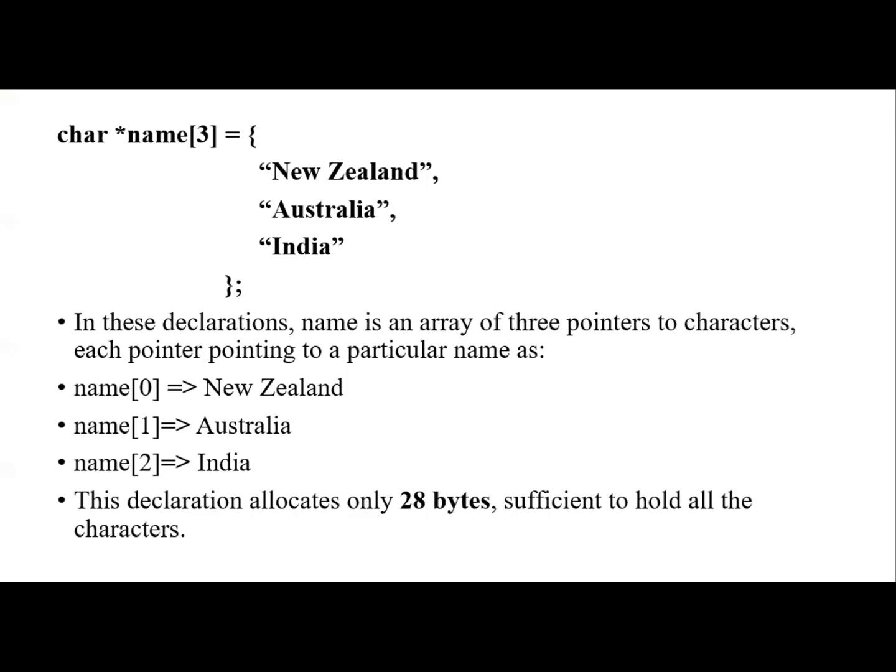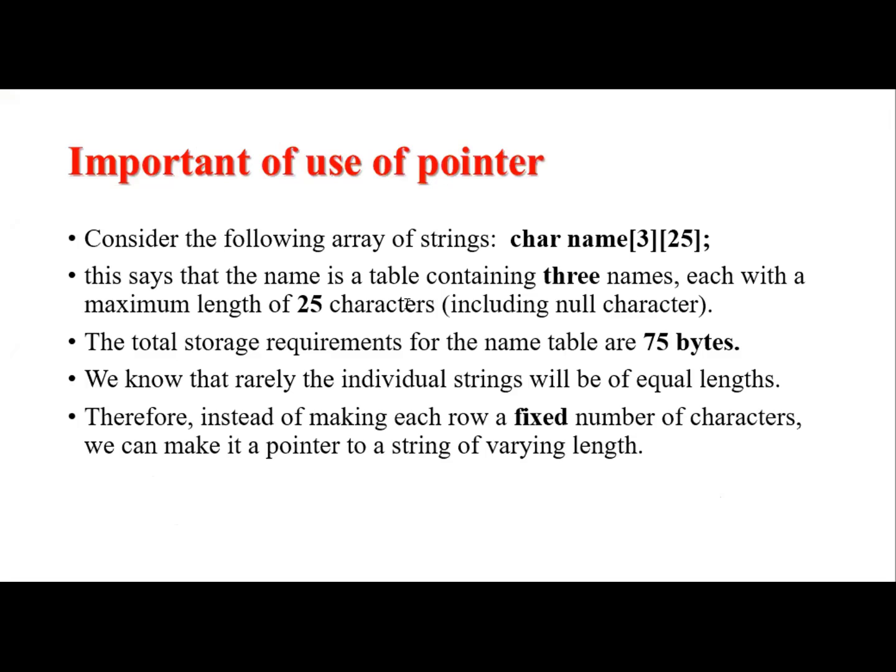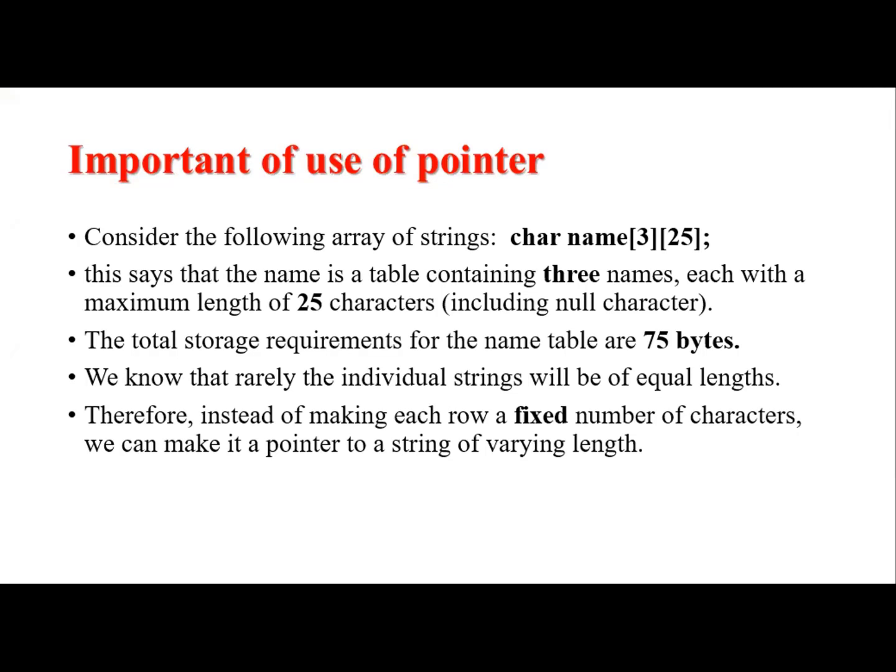If you were to use the normal way of writing the array, in this example char name[3][25], the total requirement for this way of defining the array would be 75 bytes, right? We have 3 into 25 is 75. In our earlier example we had 3 into 6, 18, right? So that is a fixed number that is allocated.